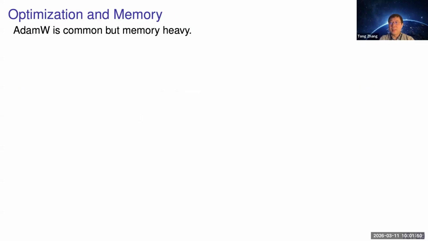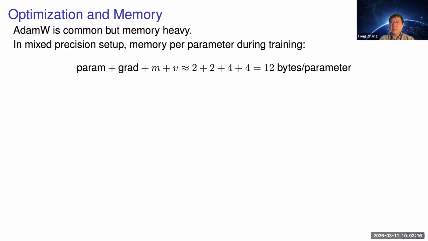That's related. Now let's start with the offload, which essentially will try to understand what happens with optimization memory when you look at, say, AdamW. AdamW is very common, in both pre-training and fine-tuning, so it is what we will choose to discuss. It's a mixed precision setup because usually we use mixed precision.